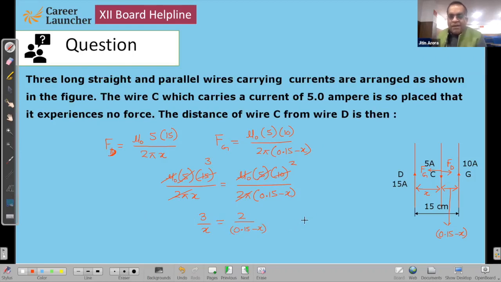Now cross multiplying, 0.15 into 3 is 0.45 minus 3x is equal to 2x, or 5x is equal to 0.45. So x is equal to 0.09 or x is equal to 9 centimeters. So the separation between the wire D and the wire C is 9 centimeters. Simple. इस तरह से हम कैलकुलेट कर देंगे.